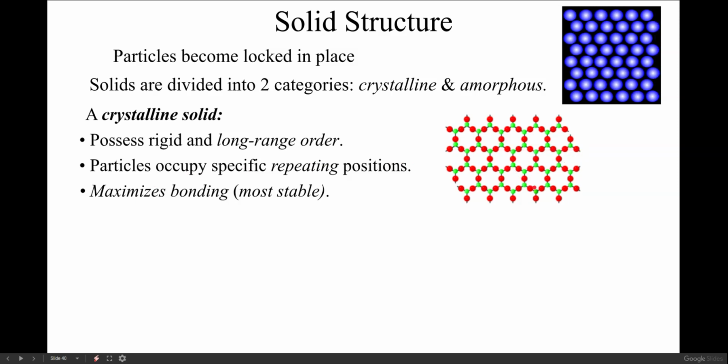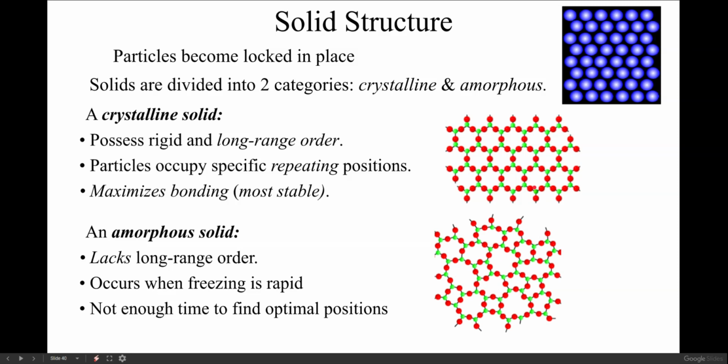In contrast to crystalline, there is amorphous. The prefix a is like without, and morph is shape. So amorphous does not have long range order; it lacks it. If you look at one section, it's not going to be identical throughout. If you cool a liquid to a solid gradually, you're giving the atoms and particles enough time to find these optimal arrangements.